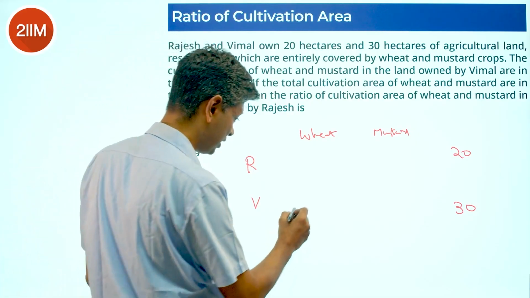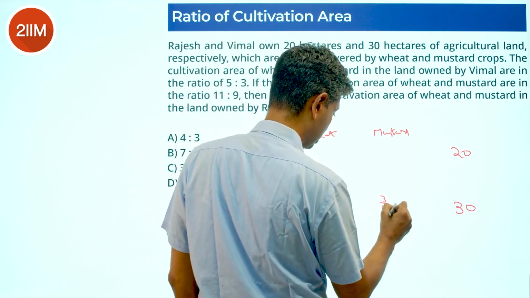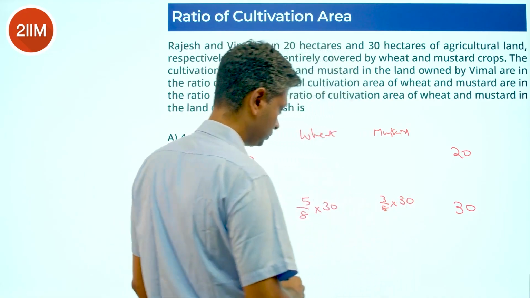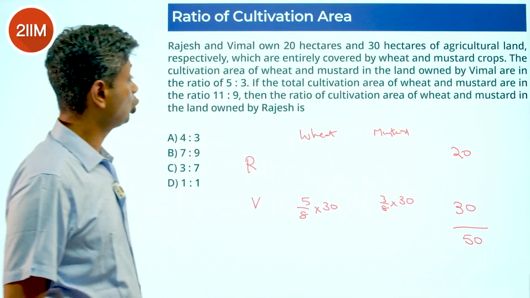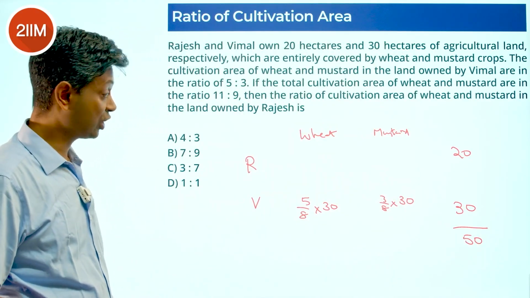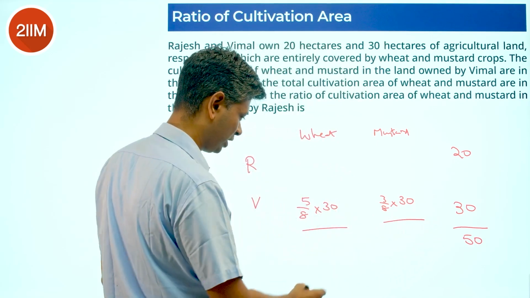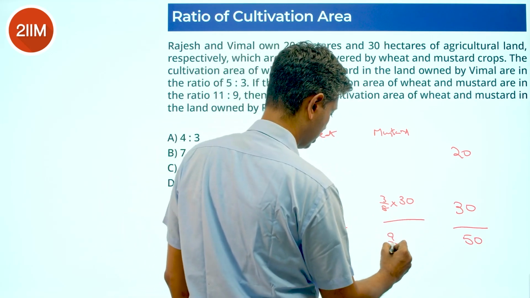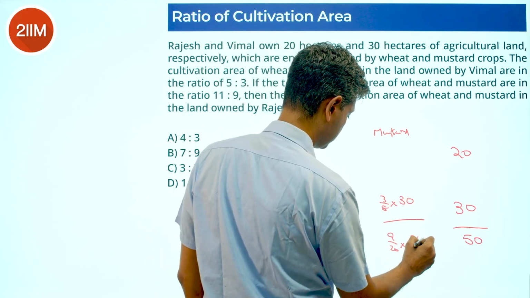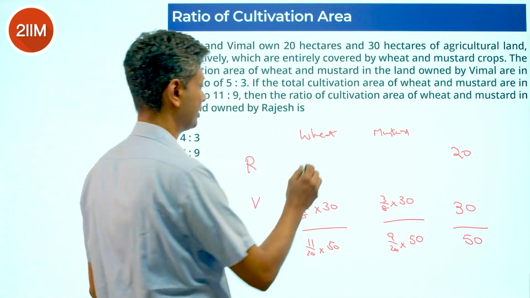So 5 by 8 into 30, 3 by 8 into 30. Overall is 50. If the total cultivation area of wheat and mustard are in the ratio 11:9, 11 by 20 into 50, 9 by 20 into 50. Then the ratio of cultivation of wheat and mustard in the land owned by Rajesh.